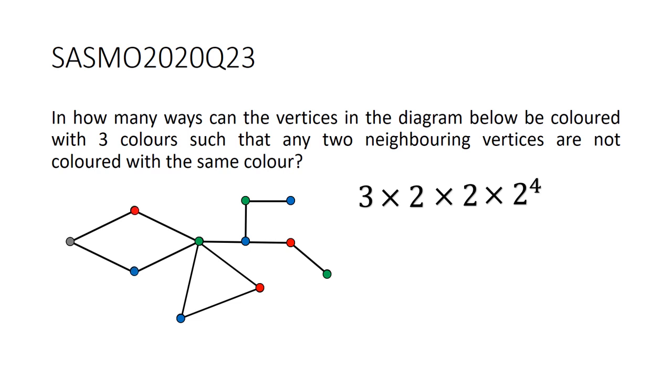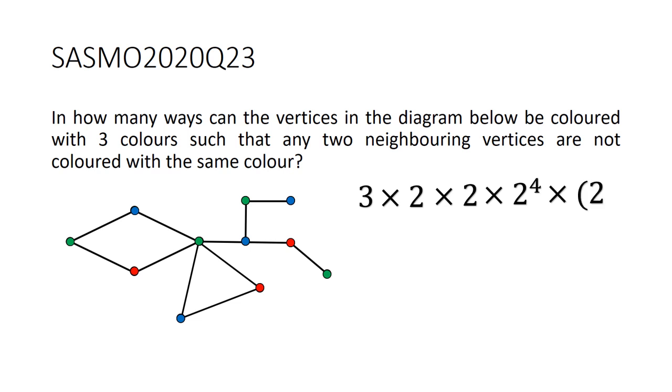For example, it could be red and blue, or vice versa, blue and red. But in either case, the last remaining vertex on the leftmost would definitely be the same color as the top of the triangular vertex. So if that was green, the leftmost vertex will also be green. This is assuming that the adjacent vertex is differently colored. So we're going to put there times open bracket 2.